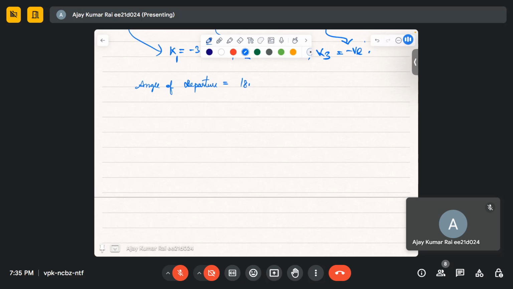Which is 180 degrees minus the sum of the open loop pole angles.